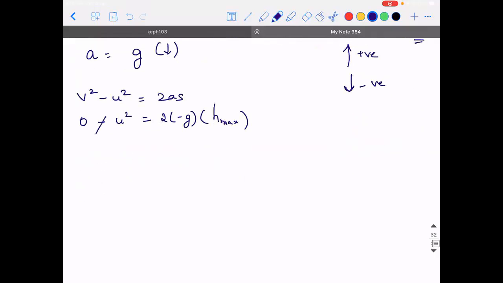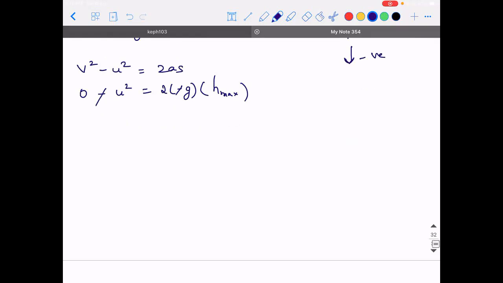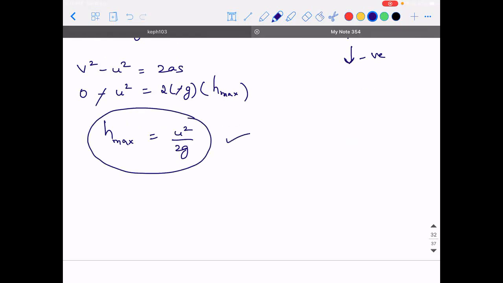Minus and minus will get cancelled. H max will be equal to u square divided by 2g. So the maximum height traveled by the object is u square divided by 2g.